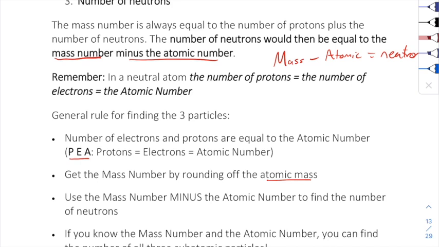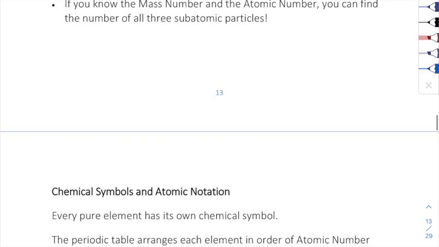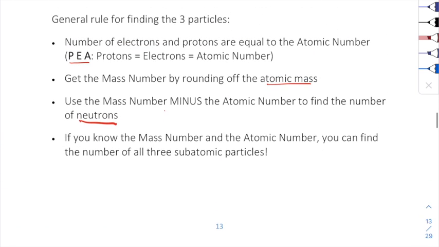We can get the mass number by rounding off the atomic mass so that it's an integer, no decimal places. We don't need those in this class. We can use the mass number minus the atomic number to find the number of neutrons. And if you know the mass number and the atomic number, you can find the number of all 3 subatomic particles. Okay, we will continue this in our next video.